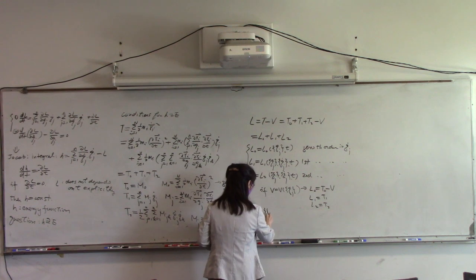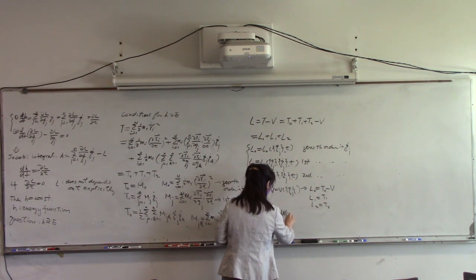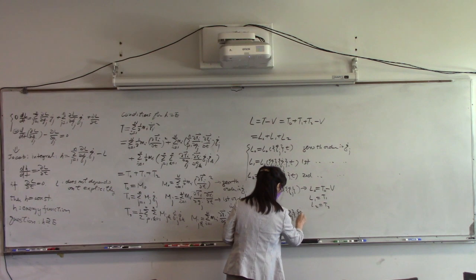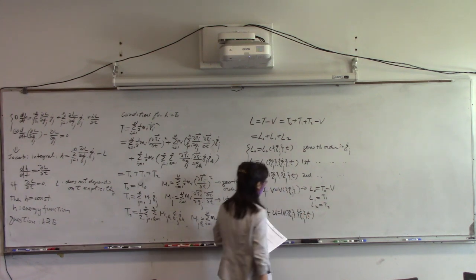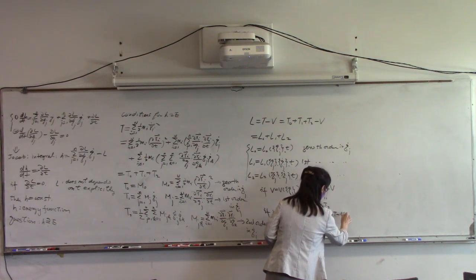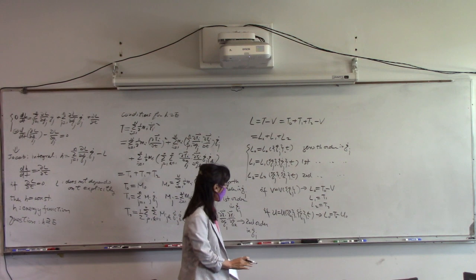But remember, in case the potential is a function not only of the generalized coordinates but also of the generalized velocity, in this case L0 is T0 minus U0, because U also has several terms, right?